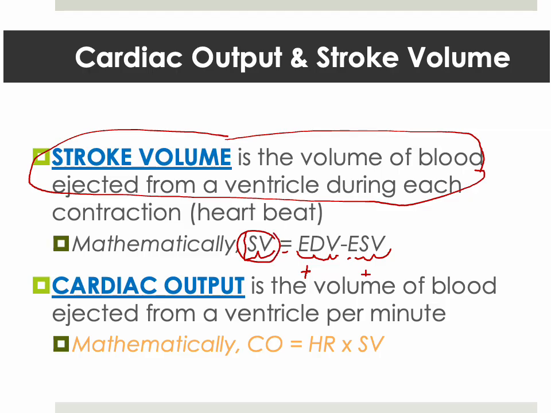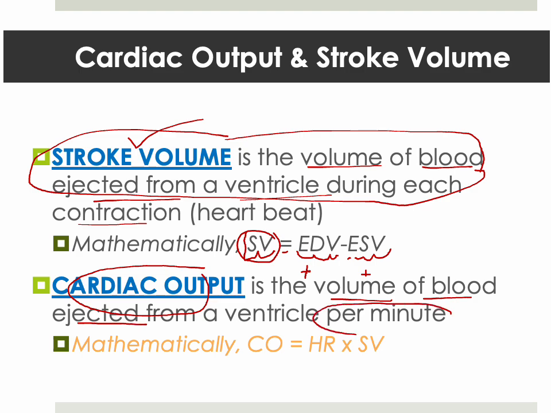What you guys need to remember is what the stroke volume means, meaning the amount of blood that is being ejected from the ventricles when they contract. Okay? Just like an amount of blood ejected in one contraction. Now, cardiac output is the volume of blood ejected from a ventricle per minute.